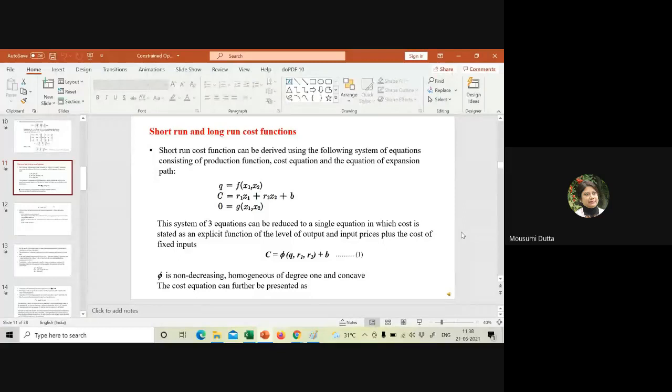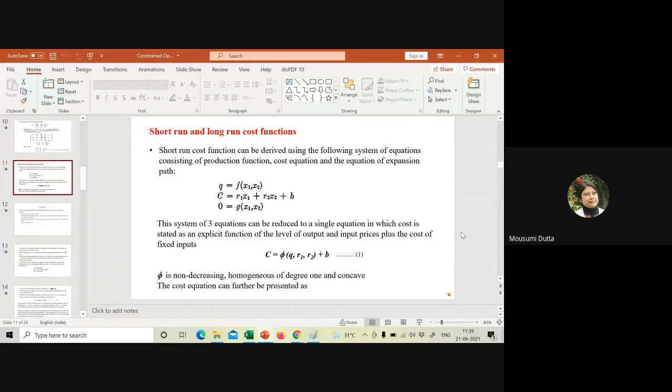In the short run, the plant size is given, whereas in the long run, the firm can choose its own optimum size of the plant. So we differentiate between short run and long run in terms of the size of the plant.